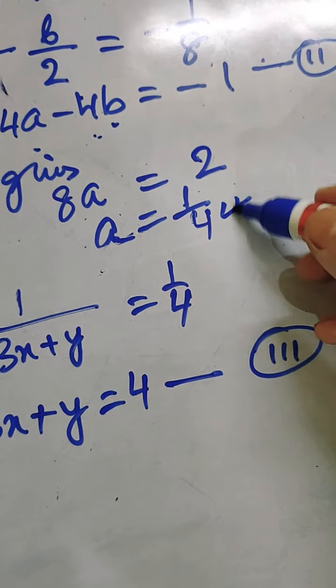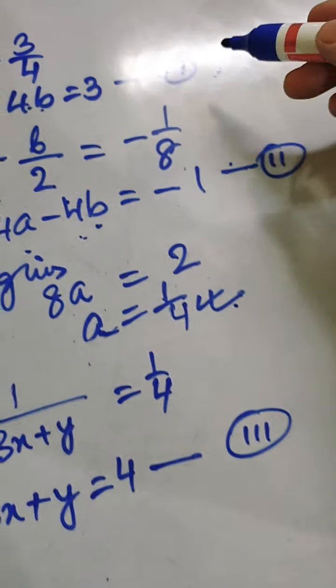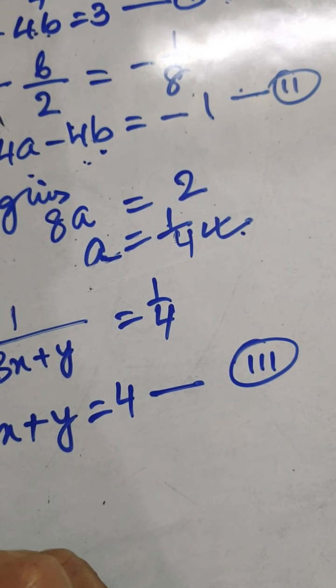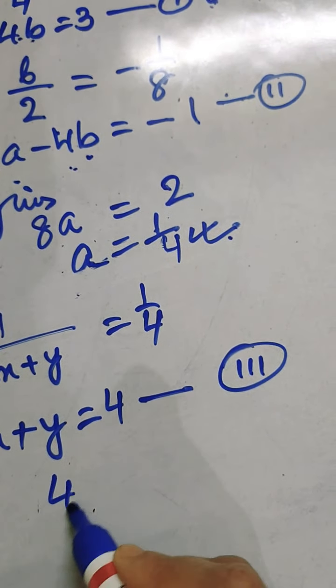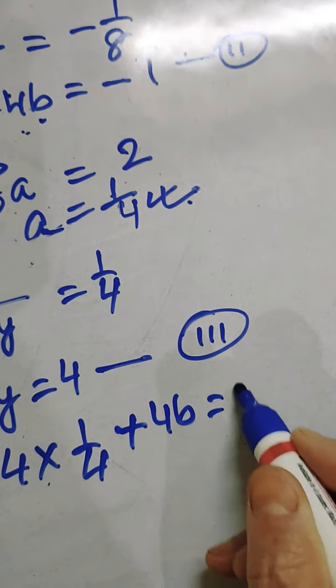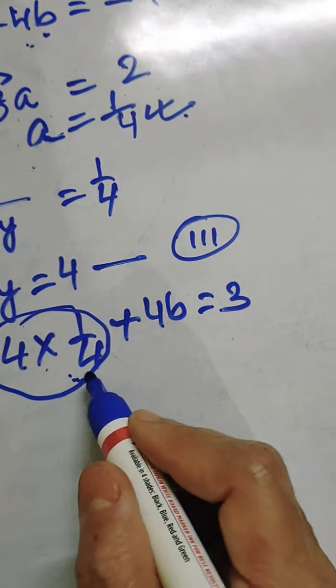Now A value you substitute in equation 1 say. So from 1 what we get, 4 into 1 by 4 plus 4b equal to 3. Again this one is 3, don't ignore the value, that gives you 1.